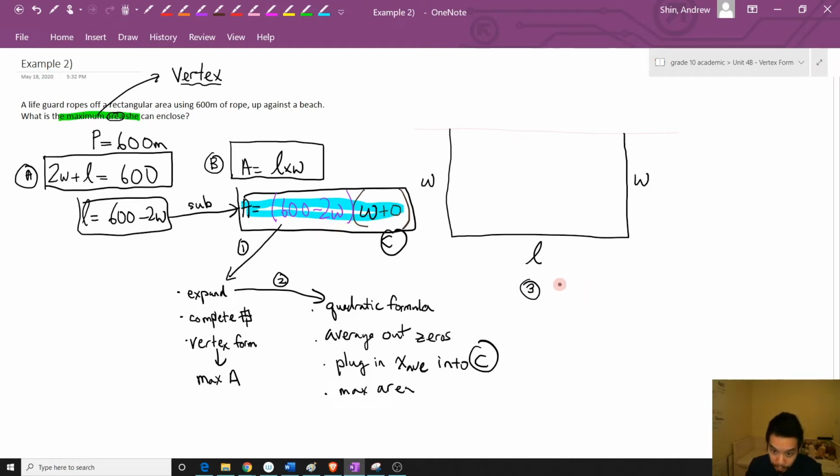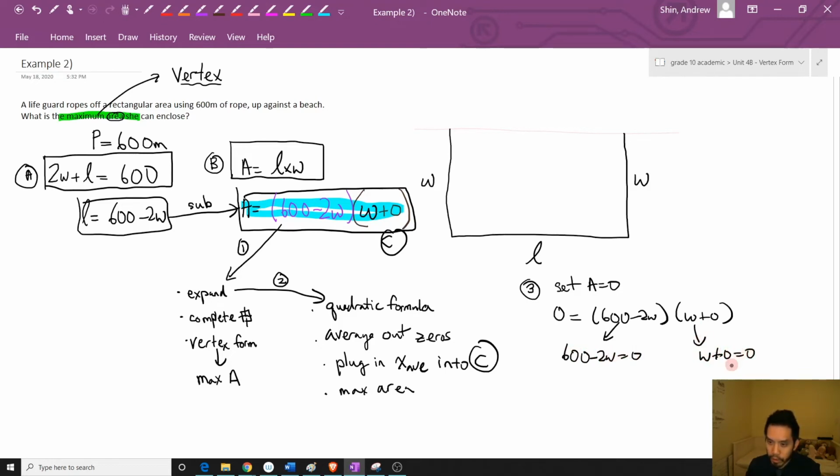So step 3 is to set A equals to 0. So A equals 0: 600 minus 2w, and there's a w here, plus 0. And now that we have two binomials multiplying becoming 0, only now can we separate: 600 minus 2w equals 0, and w plus 0 equals 0, which is going to be 0.